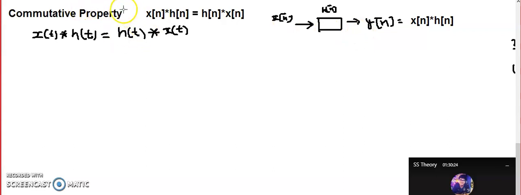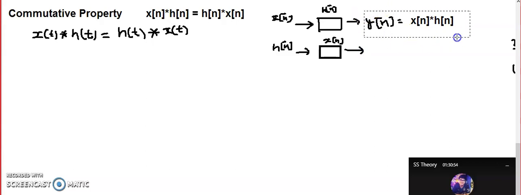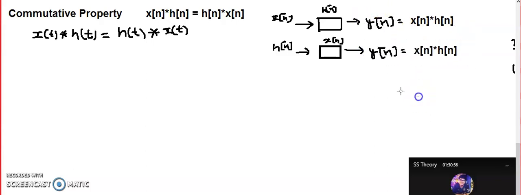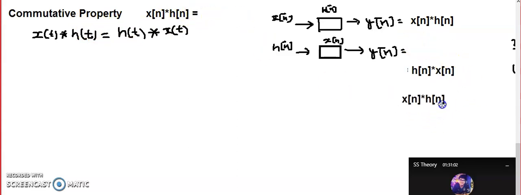If it follows the commutative property, it means that we can state that if we have a system whose input is given as h[n] and its impulse response is x[n], then also we will get the same output y[n], as these two are equal.